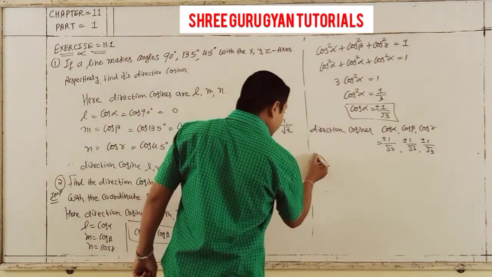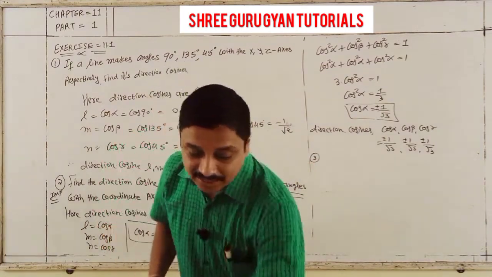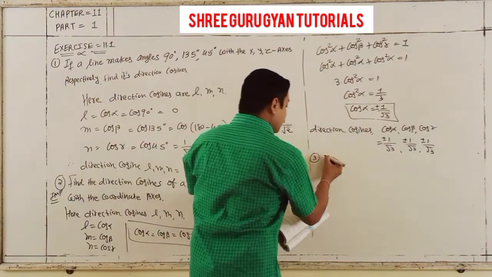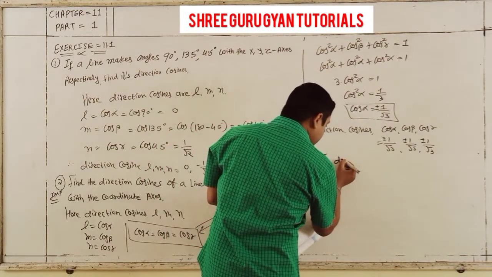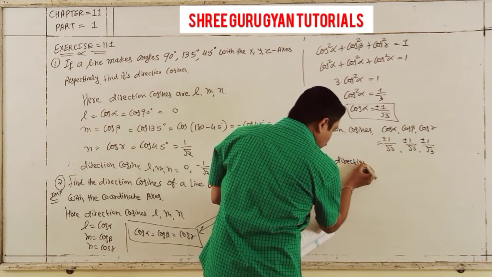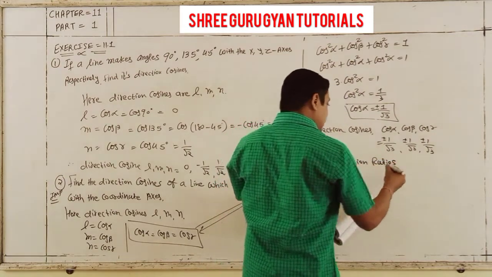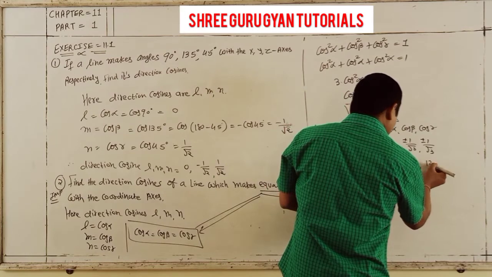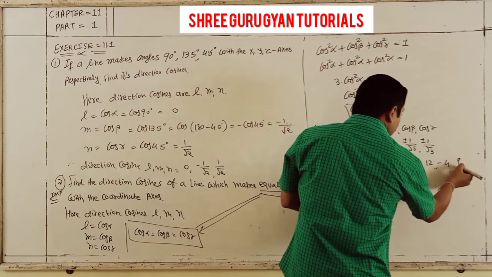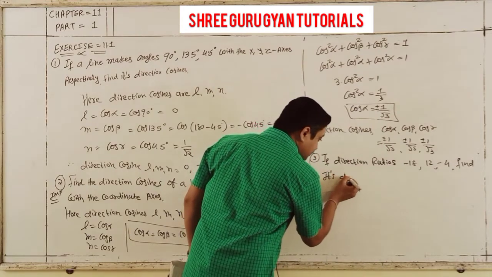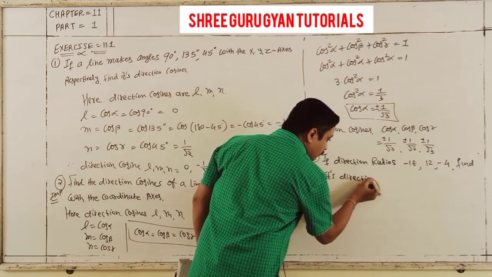Now question number 3. If direction ratios for a line are given as minus 18, 12 and minus 4, find its direction cosines.